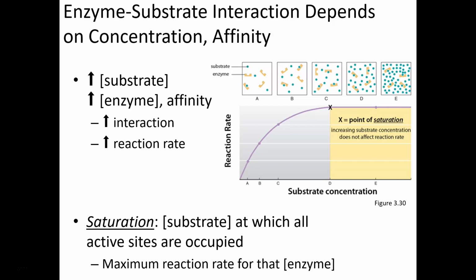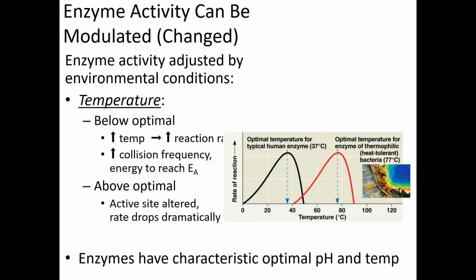All right, so enzyme activity can be modulated by environmental conditions. Now, most people don't teach it this way, but I think really it is true that enzymes have an optimal temperature. They have a temperature where they tend to work best.